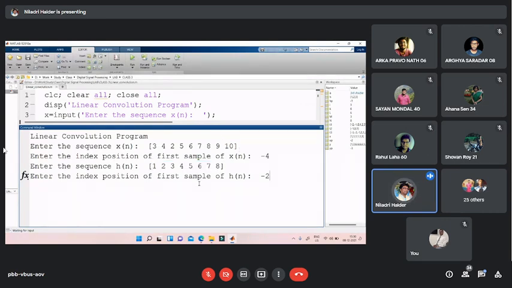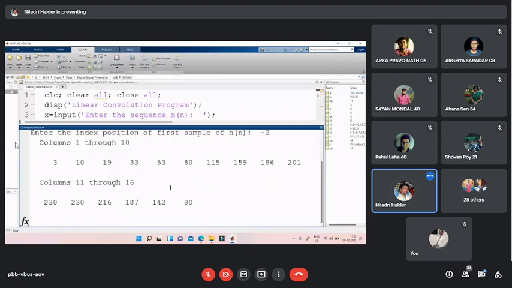And the initial index of the output will be minus 6. So the output will start at minus 6 and the size will be 16, so it will end at minus 6 plus 16 minus 1, which is plus 9. So it will start at minus 6 and end at plus 9.